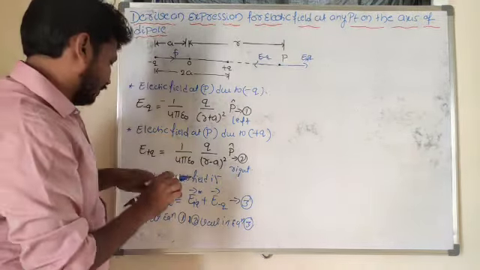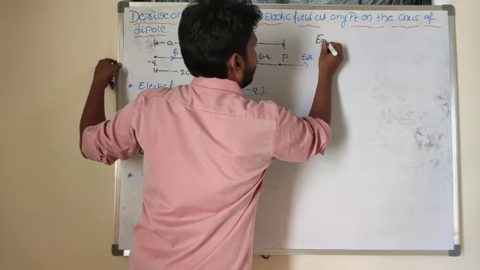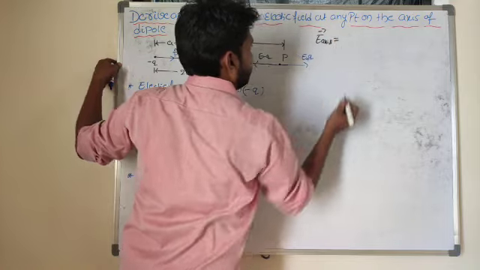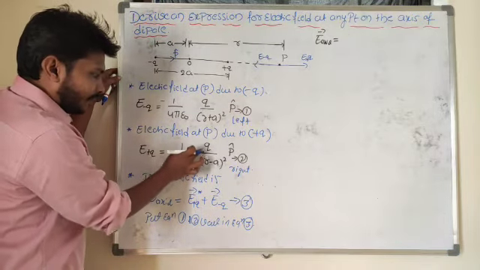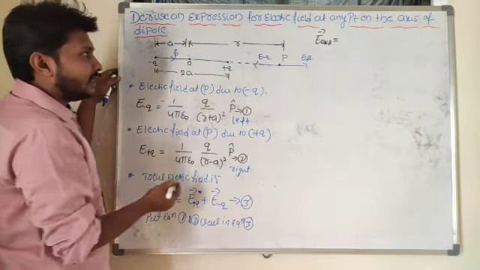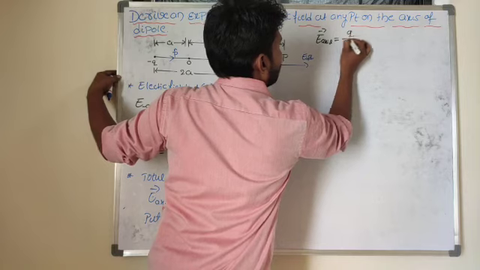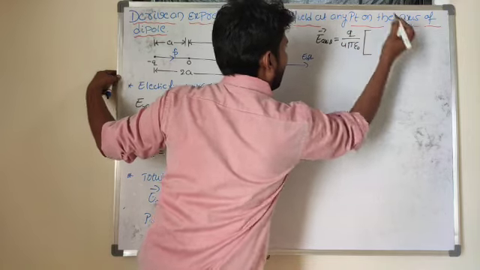So I get equation 3 as the electric field at axial point equal to, for the plus q charge, 1 by 4 pi epsilon naught q, and here 1 by 4 pi epsilon naught q. Shall I take that as common here?